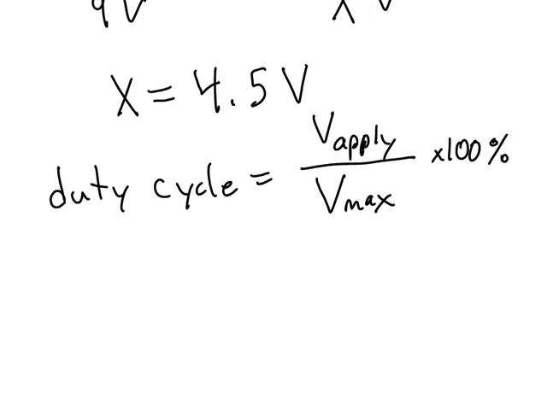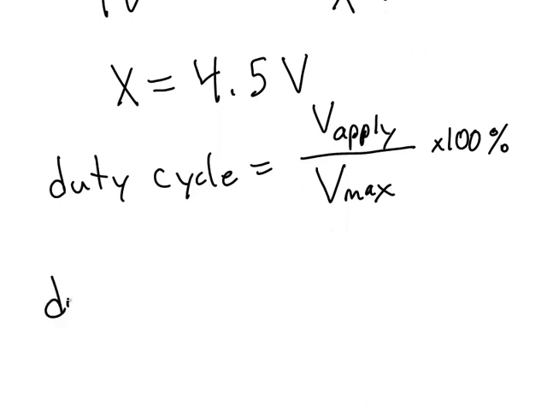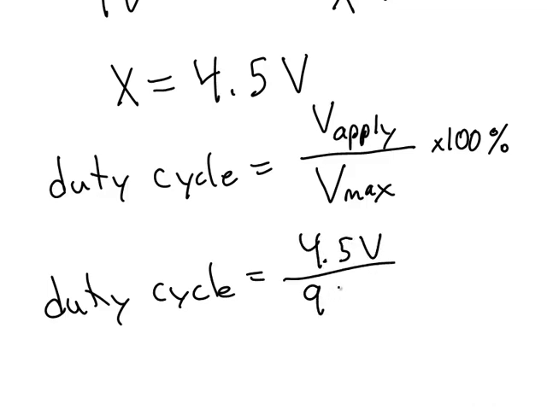So in this case, the duty cycle is 4.5 volts divided by our Vmax of 9 volts times 100%, and we get a 50% duty cycle.